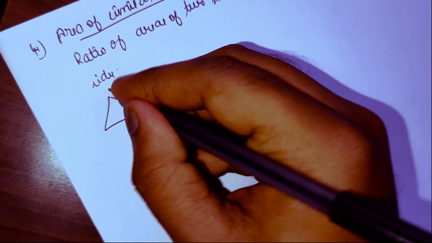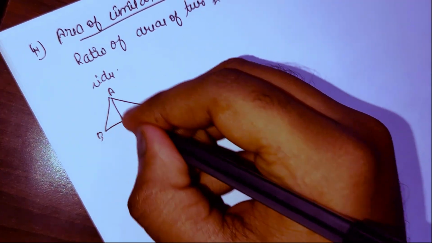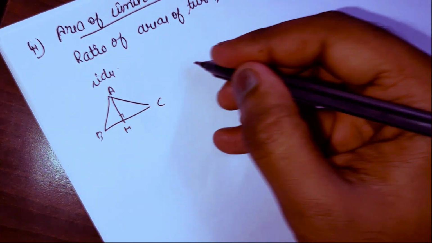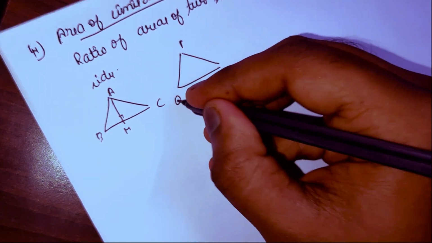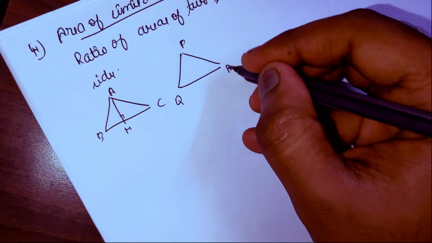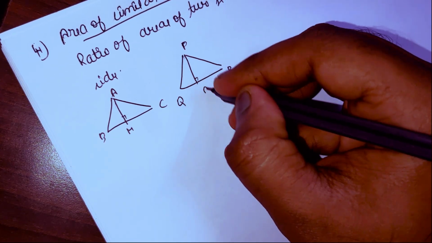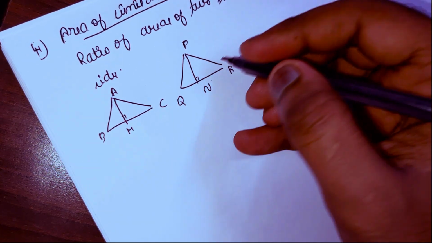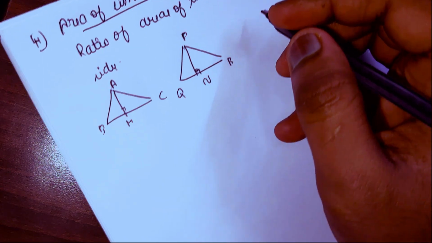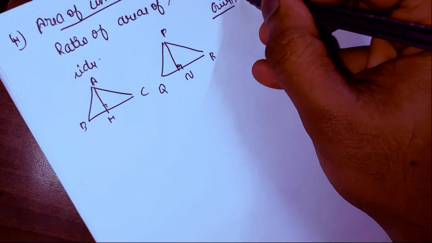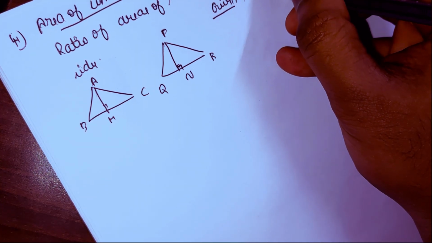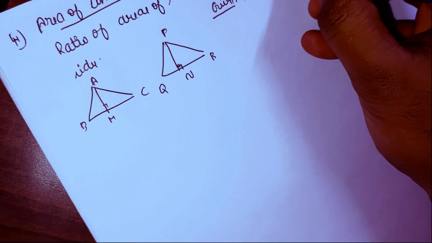We'll take two triangles here, ABC, M, this is PQR, this angle N, the right angle. Now what is given? Triangle ABC is similar to triangle PQR.